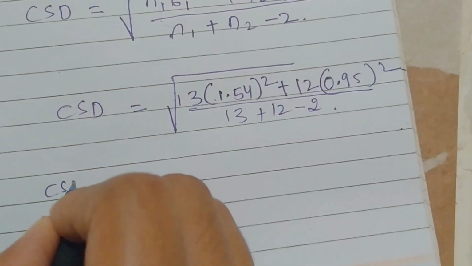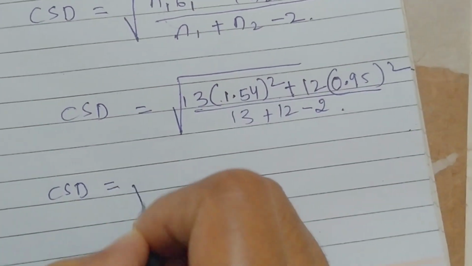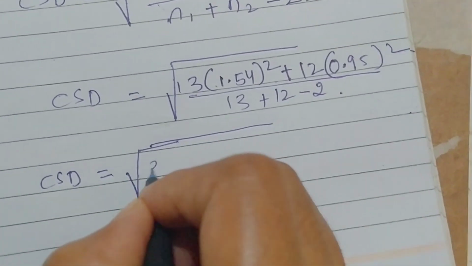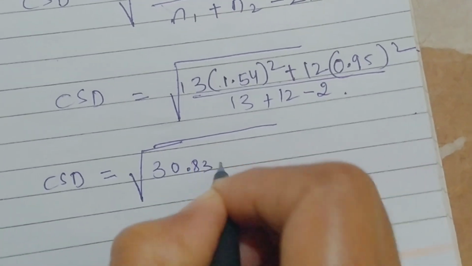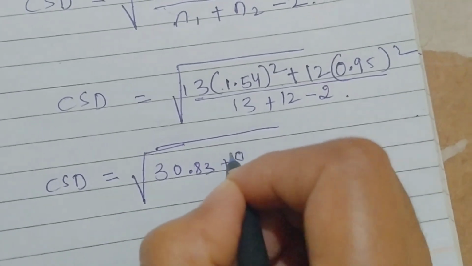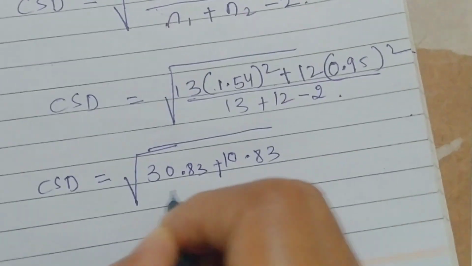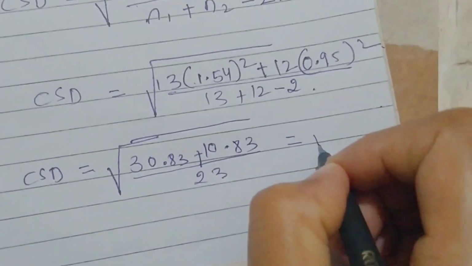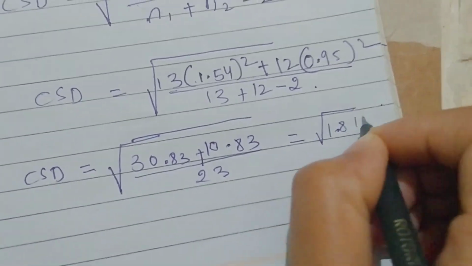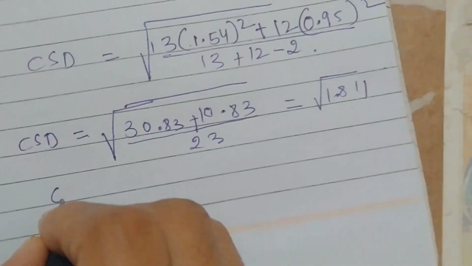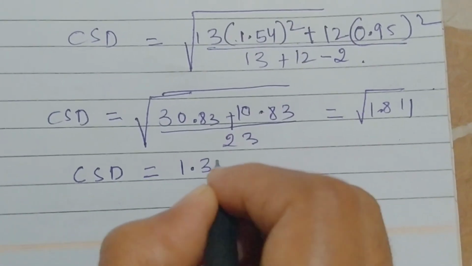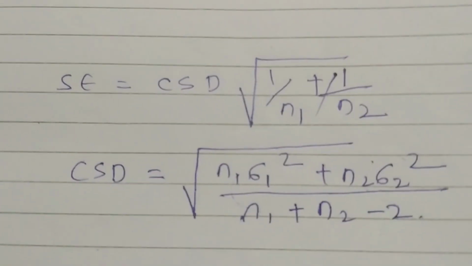After simplifying this we'll get around 30.83 plus 10.83 divided by 23. Again we'll simplify this, we'll get around 1.811, so the combined standard deviation is equal to 1.34. So our next step, we have got the combined standard deviation.